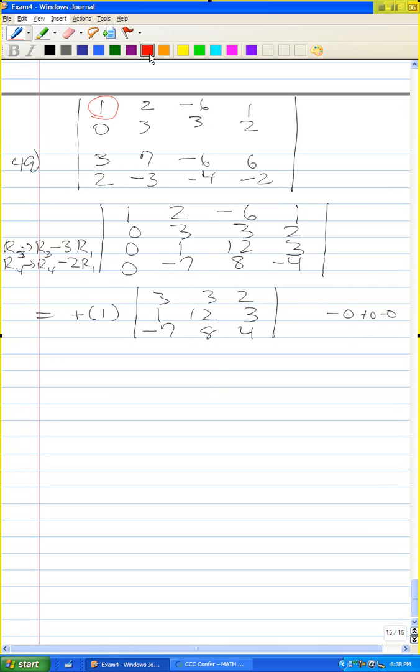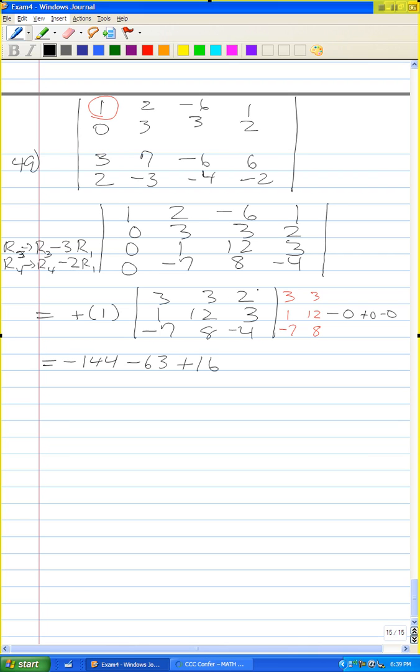Okay, so let's compute this. I guess I'll put these extra first two columns so I can compute this. Oops. Be careful. There's a little typo there. So I get negative 144 minus 63 plus 16.